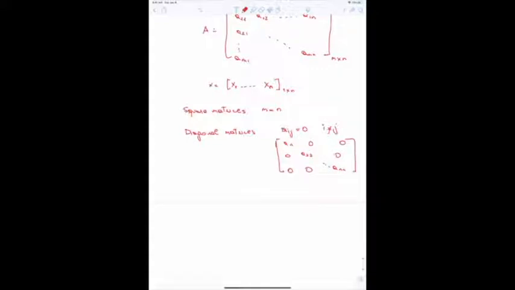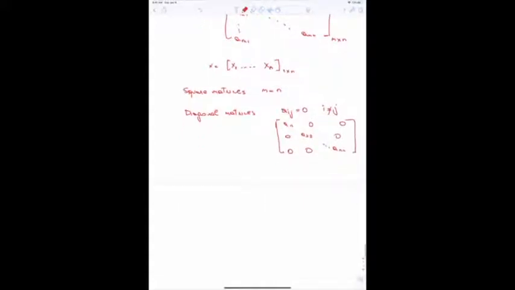You can also have matrices where you have the diagonal, the upper diagonal, and the lower diagonal, so a sort of tridiagonal matrices. These are not 0 on the diagonal, upper diagonal, and lower diagonal, and they're 0 everywhere else. You have sparse matrices.